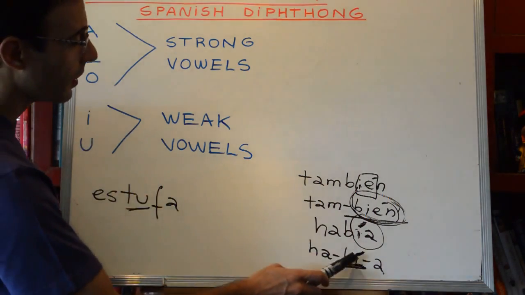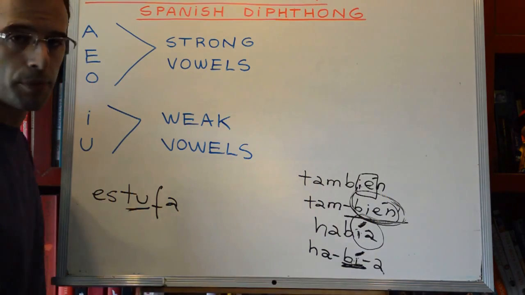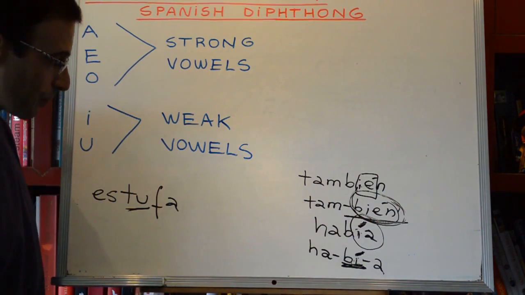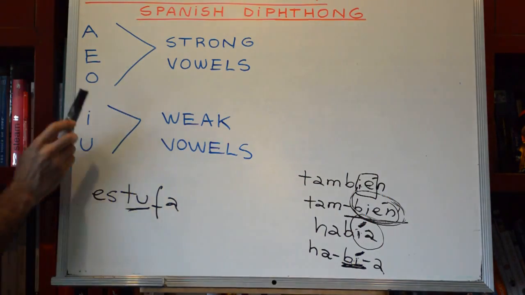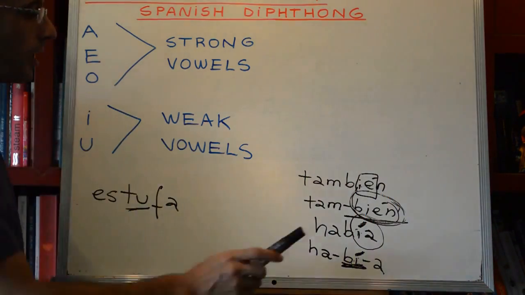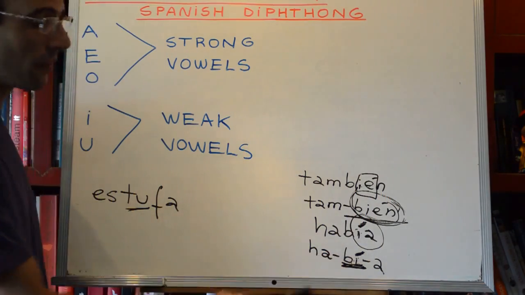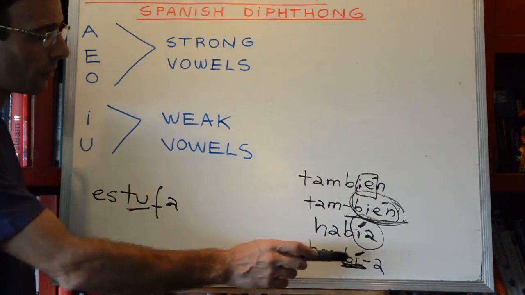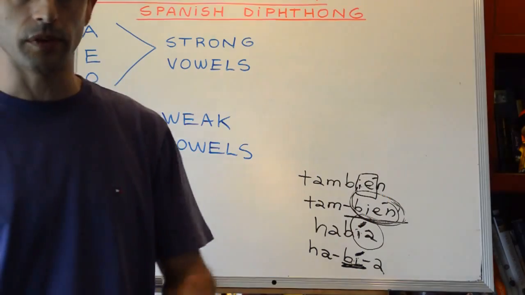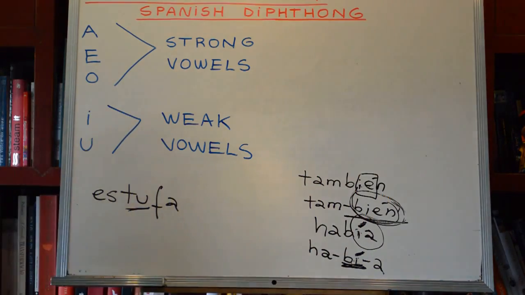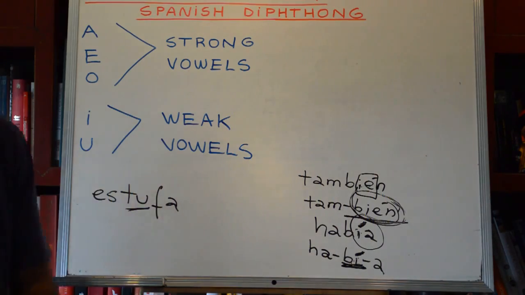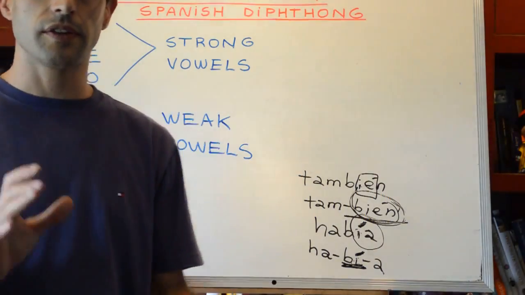Therefore, these two are separated in different syllables. So remember again, I is a weak vowel. However, it becomes strong because it's carrying here the strength or the stressing of the word. Había. Let me give you more examples so you can understand this concept well.